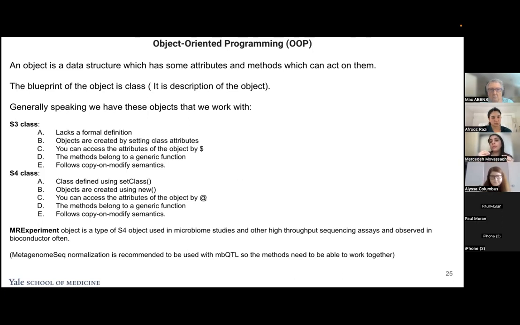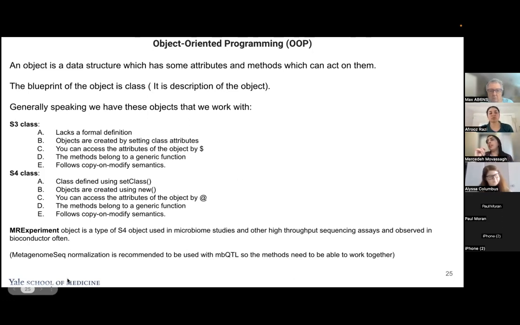So when you develop a package, you have to be able to talk to other packages. For MBQTL, I don't know if you remember, but I talked about the metagenomeSeq normalization method that fits really well to the microbiome data. The package should be able to work with the data that metagenomeSeq produces, and that's an MRExperiment object, which is an S4 class.